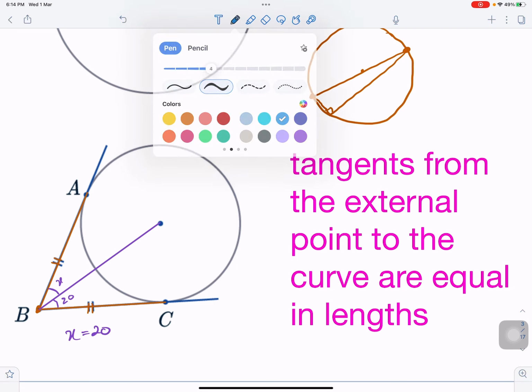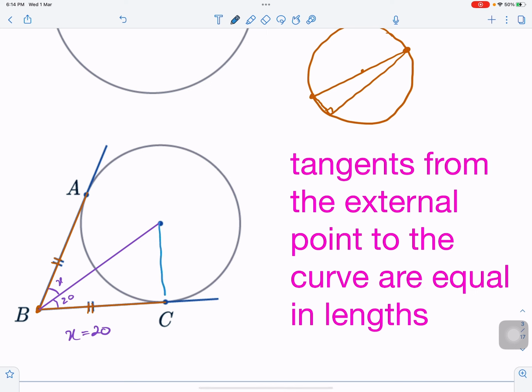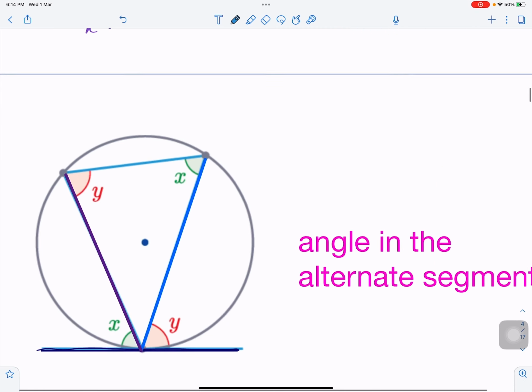Similarly, from the center to the tangent, it will be 90 degrees. From here to here also it will be 90 degrees. This angle will also be bisected. So if this is 20 and this is 90, then what is this? 70, right? Similarly, this will also be 70. So you will remember these properties.